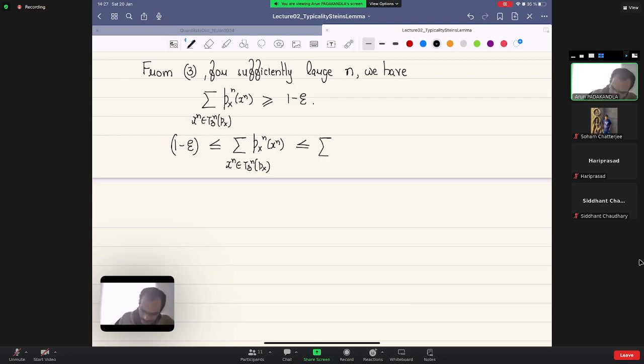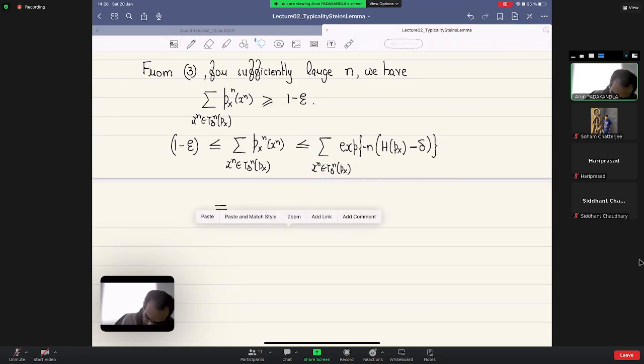So that's the idea. x^n belongs to T_delta^n(p_X). This is exp minus n times H(p_X), so at most, okay, that's why you get a minus here, because the minus with the minus will get multiplied to have a plus. The terms inside the summation do not depend on the summation index, they're all essentially constants.